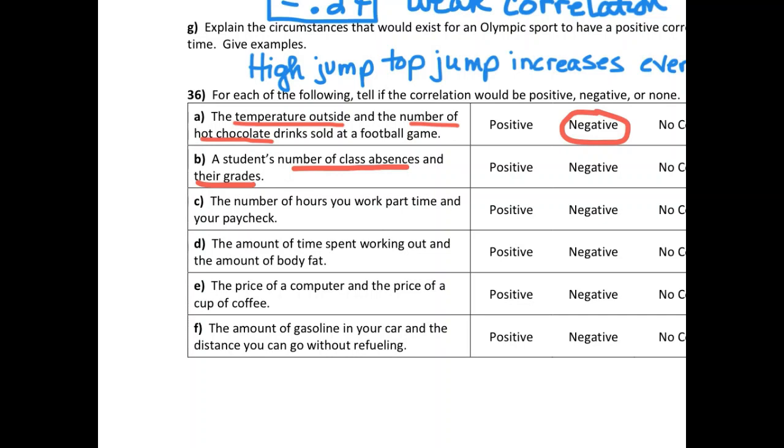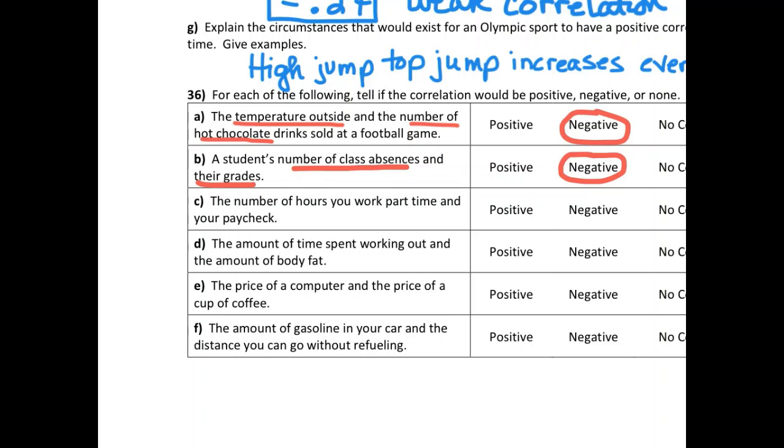That's obviously not true every time. But if you looked at a large number of students, you could probably correlate students with chronic absentee problems to students who have low grades. So as the number of absences goes up, you would expect the grades to tend down. So that's also a negative correlation.